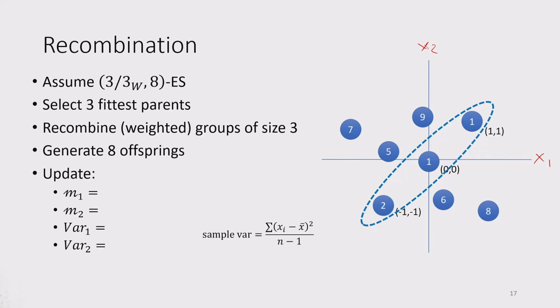Yes, but no. Yes, if we would use uniform weights. But we're doing a weighted version, right? So it should be a bit higher than 1, right?